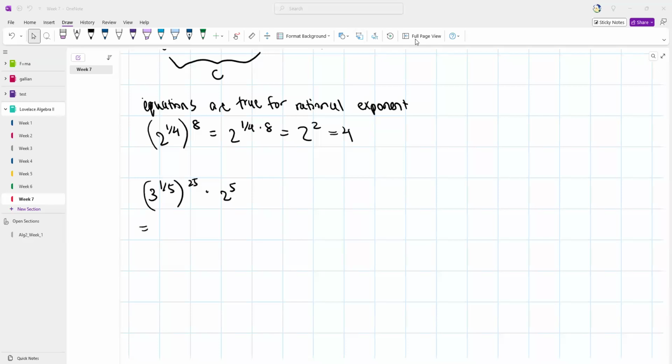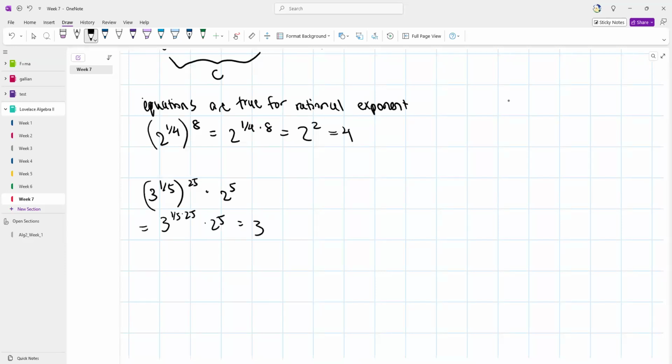Okay, I think Sashi got it, so do you want to explain how you got it? Yeah, sure. So first we have 3 to the power of 1/5 times 25. So we'll do 1/5 times 25, and that equals 25/5. So we get 5.